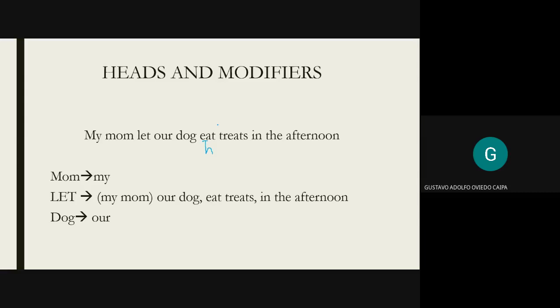Not really the dog, because the dog, remember, is information about let. Treats. Yes. Treats gives information about eat. Again, not really the dog, because the dog is information about let. Our dog is the object of let. So not quite.